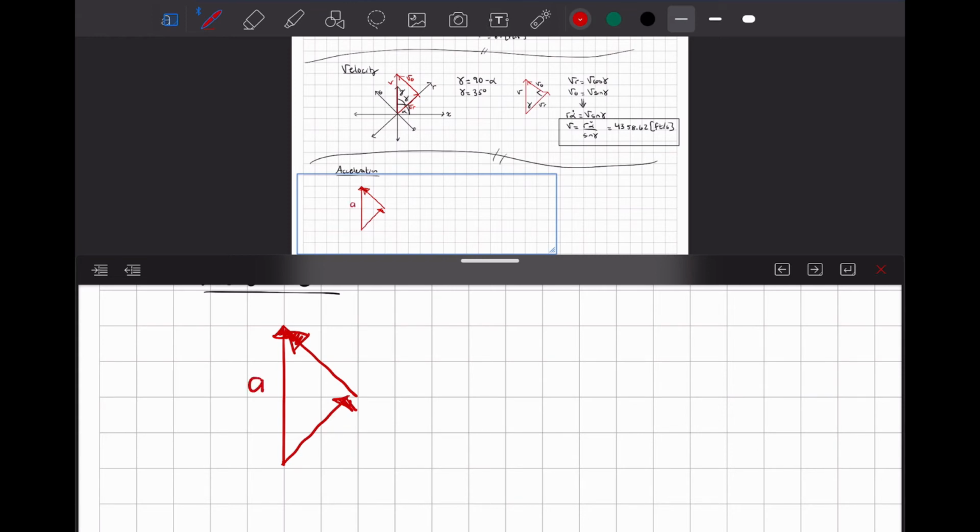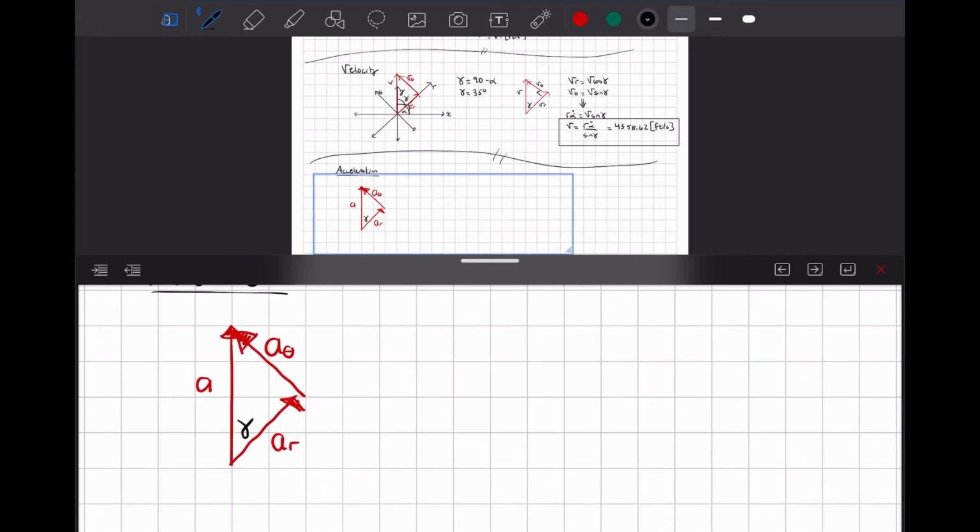So we have A theta, and AR. And as before, this is gamma in between the vertical direction and the radial direction. So again, we can just write AR is going to be equal to A cosine gamma, and A theta is going to be equal to A sine gamma.